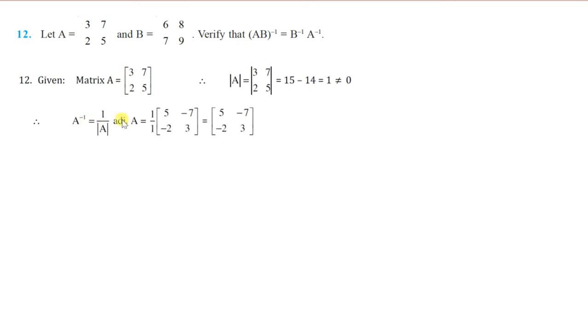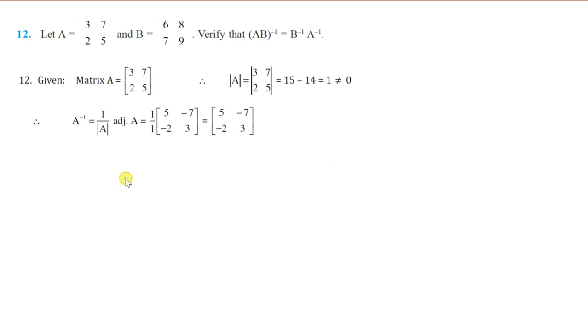And A inverse is adjoint A divided by determinant A. For a square matrix of order 2, the adjoint is found by interchanging the diagonal elements and changing the sign of the off-diagonal elements. So we get 5, minus 7, minus 2, 3. And determinant A is 1, so when you divide by 1, it remains the same. So this is A inverse.